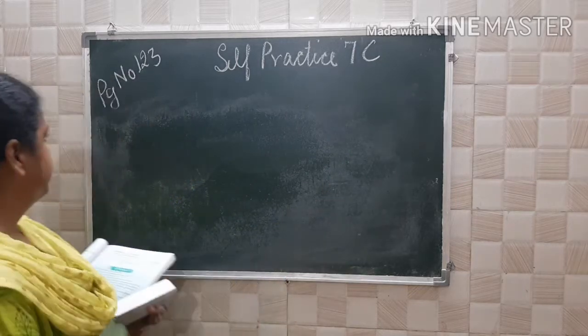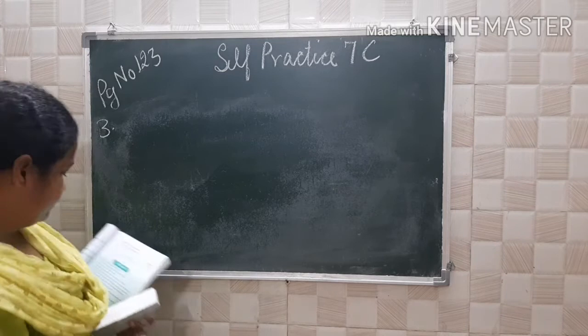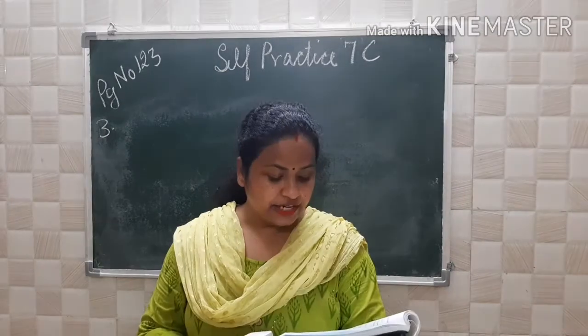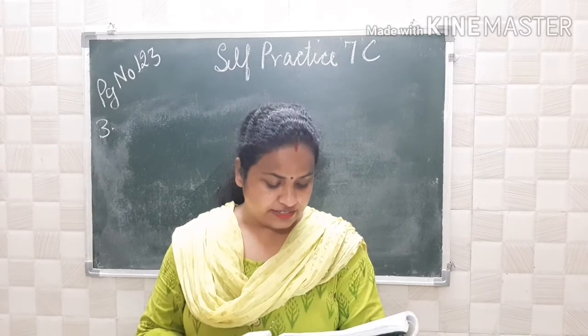Third question. Find the price of 744 articles at the rate of 60.25 a dozen.